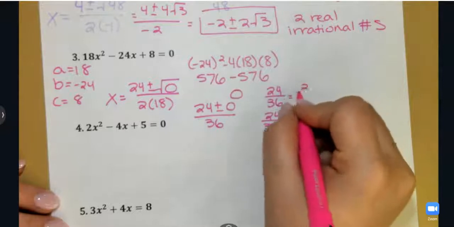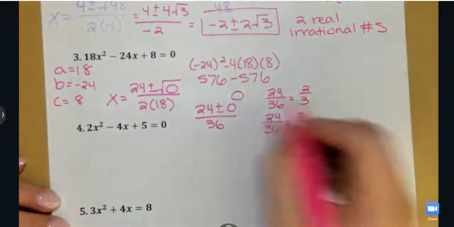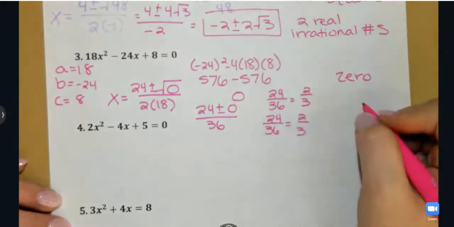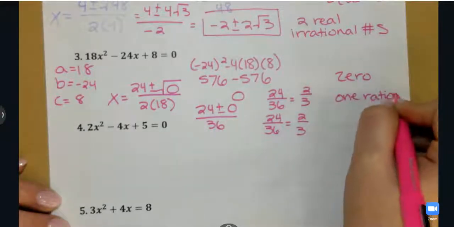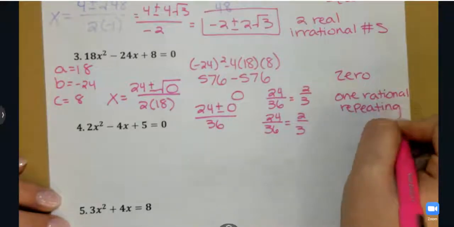So both of these reduce to 2 over 3, and I end up with the same solution twice. So when my discriminant is 0, it gives me one rational, repeating solution, meaning I have the same solution twice.